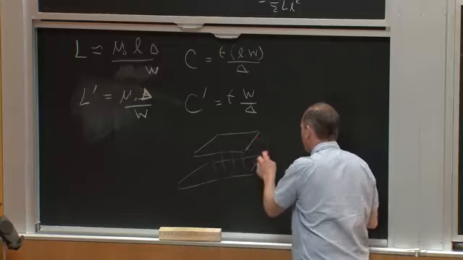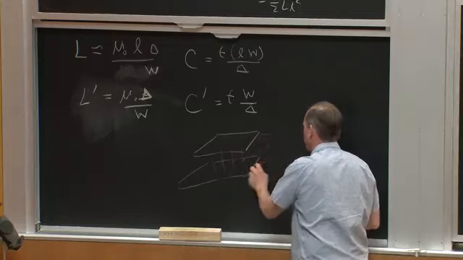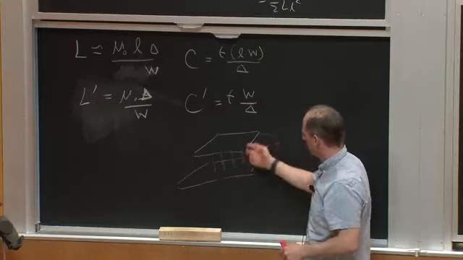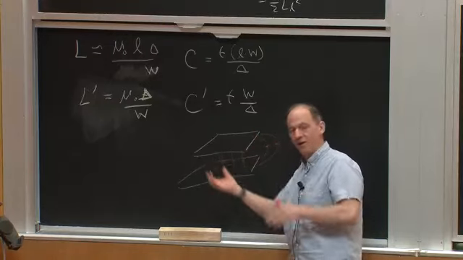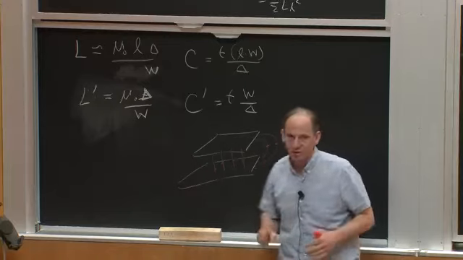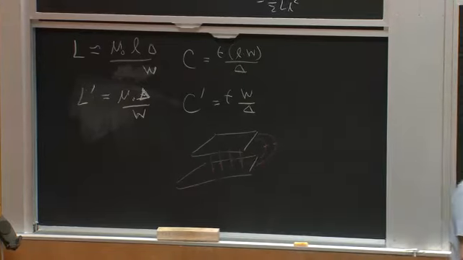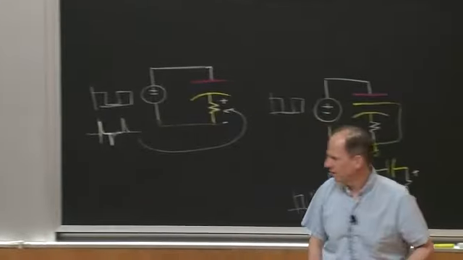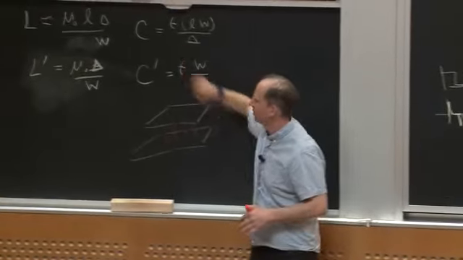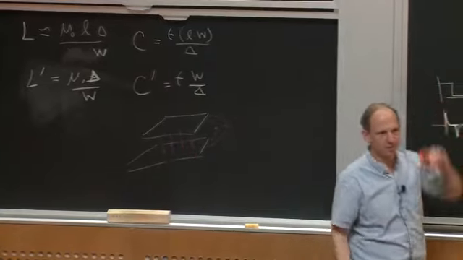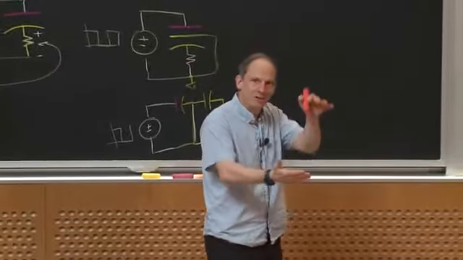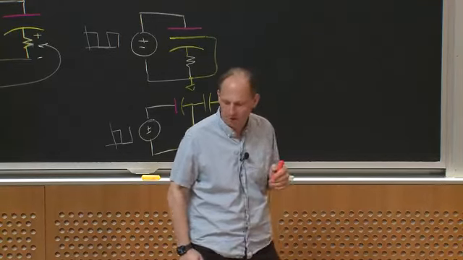Once you start to have significant fringing fields, where the distance between the plates is long compared to the areas or the lengths on the other dimensions of the plate, then these fringing fields start to become important. Okay? So you can't necessarily think of, oh geez, my capacitance is going to go exactly as the inverse of the distance between whatever things I have. That's true when they're really close together, but less true as you start to pull them far apart.